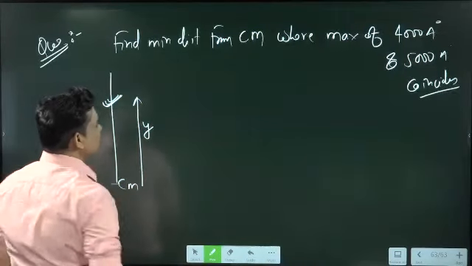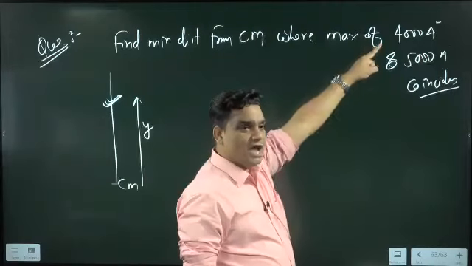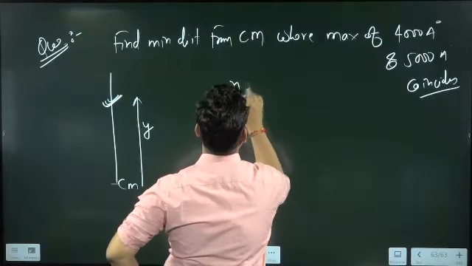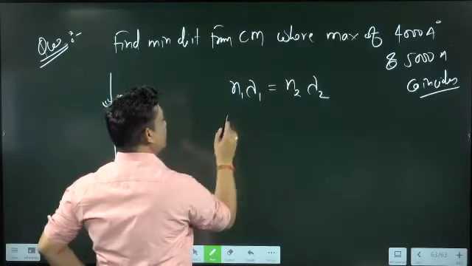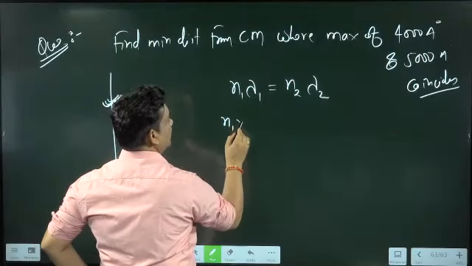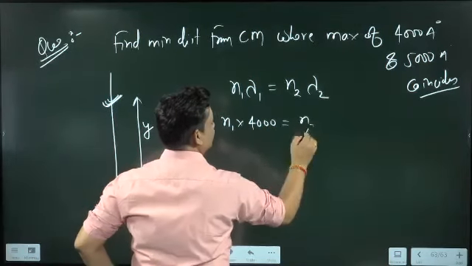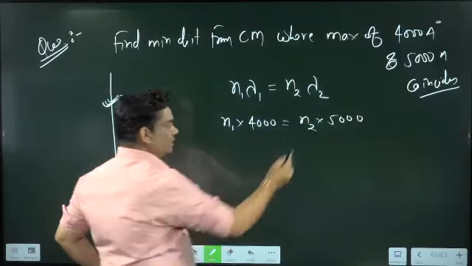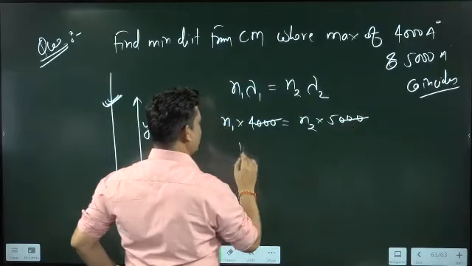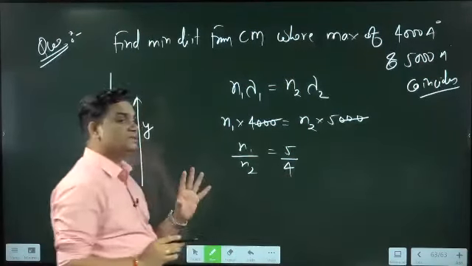If y is asked, n1 lambda 1 equals n2 lambda 2. n1 is your n1, lambda 1 is 4,000 angstrom, n2 into 5,000 angstrom. 30, 30 cancel, so n1 by n2 will be equal to 5 by 4. This is the ratio we got.